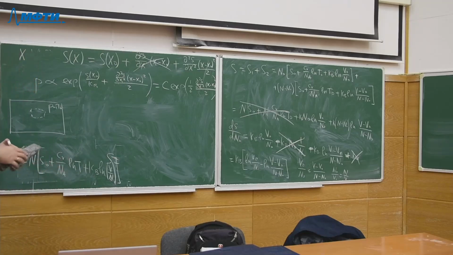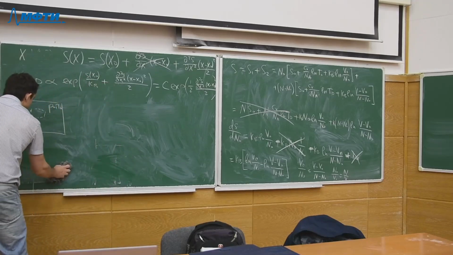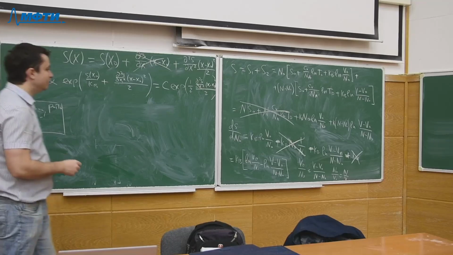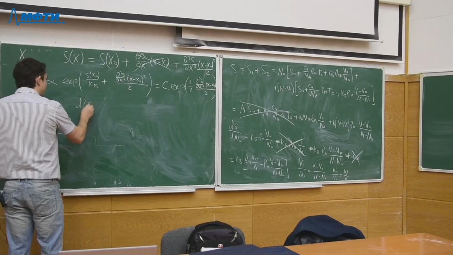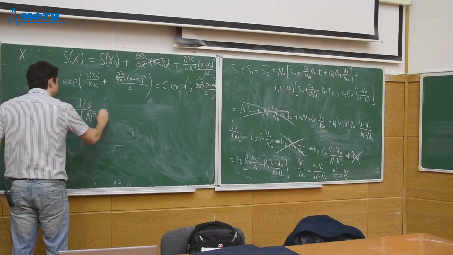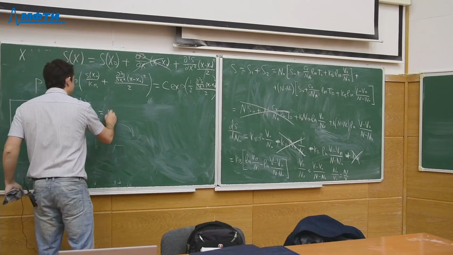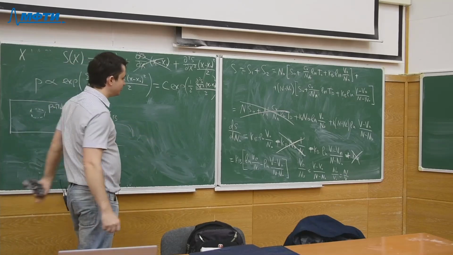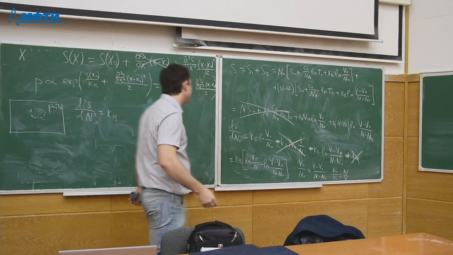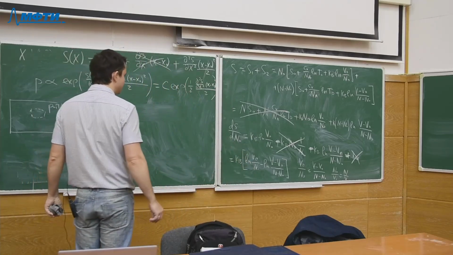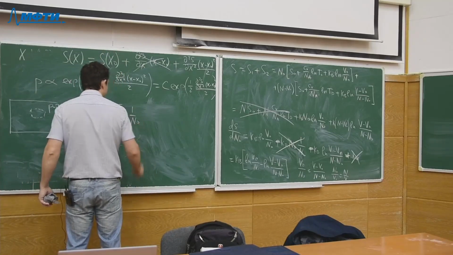Now, in order to calculate the fluctuation of the number of molecules, I need to calculate the second derivative of the entropy. So I need to calculate the derivative of this expression once again, and that gives me the following. So that is the kb. I calculate the derivative. This is logarithm v0 minus logarithm n0. The derivative of the logarithm in n0 gives me minus 1 over n0.